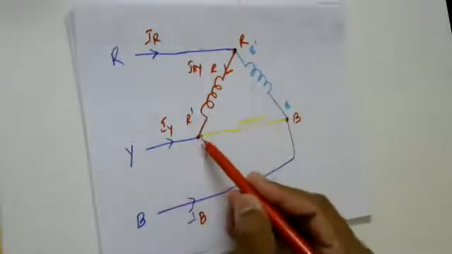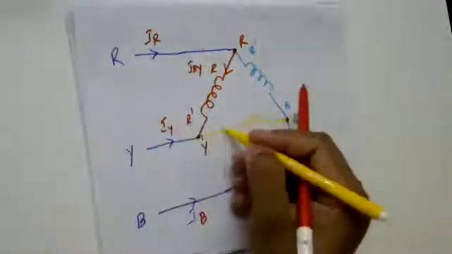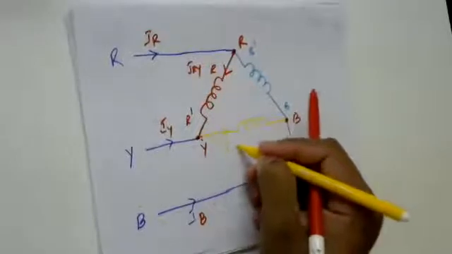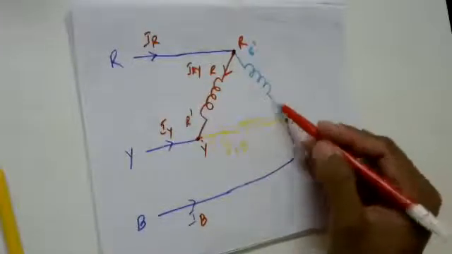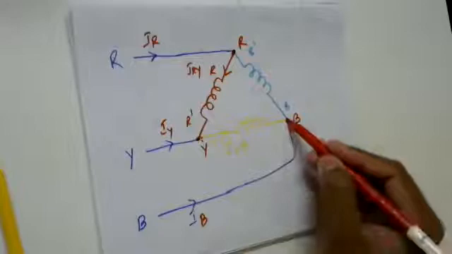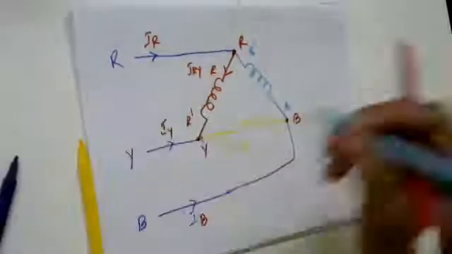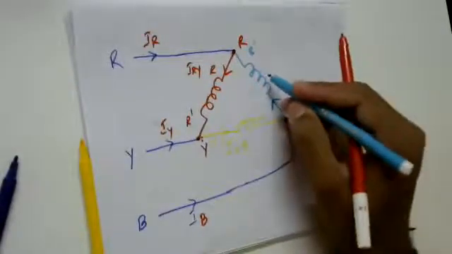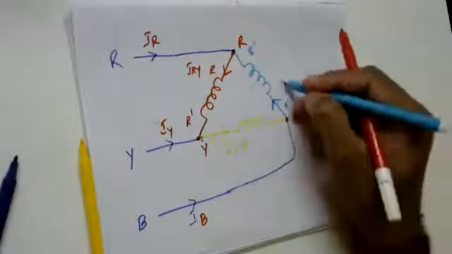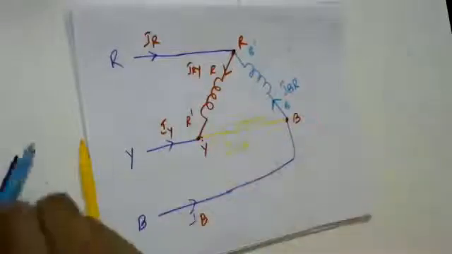Since it is going to flow through this terminal, this current we call IYB, because it flows from Y to B. Next, this current IB enters at the terminal B and flows from B to R, so this current is said to be IBR. Is it clear to you?